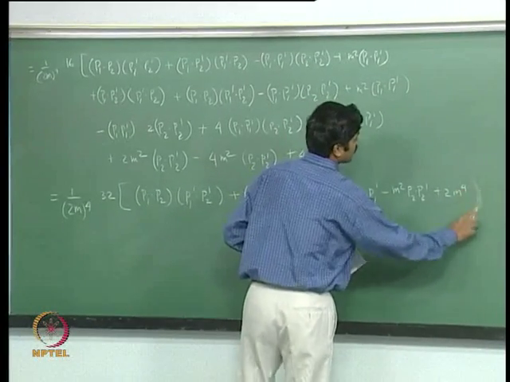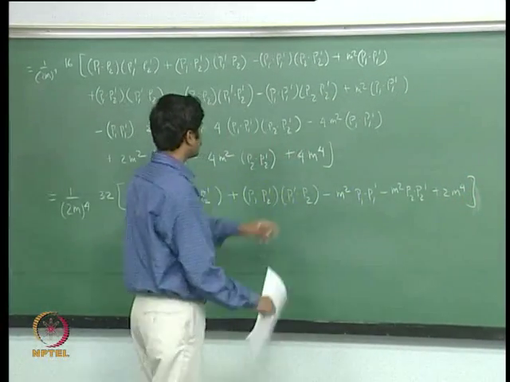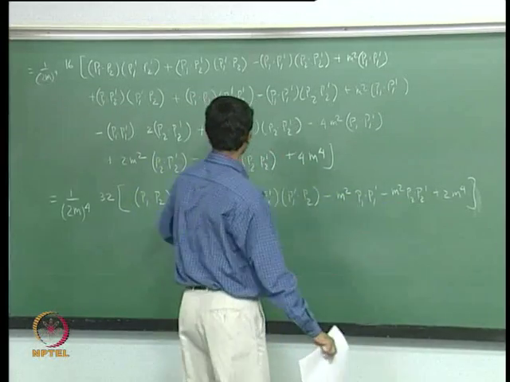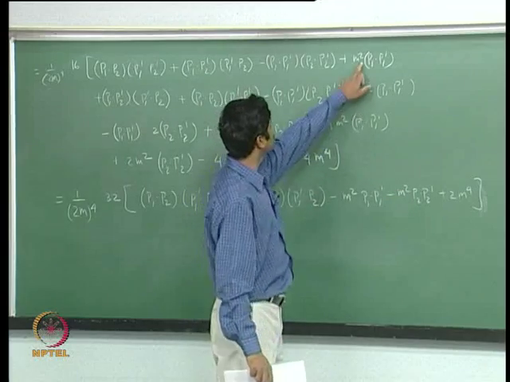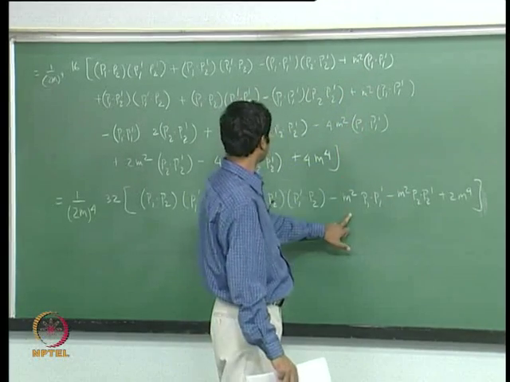I have taken an overall factor of 2, so this gives me 2m fourth. This term and this term will give me this, adding these 3 terms will give me this.